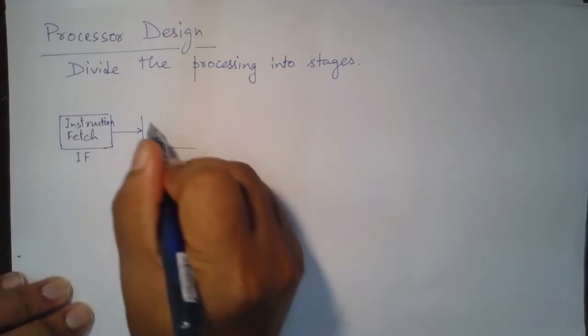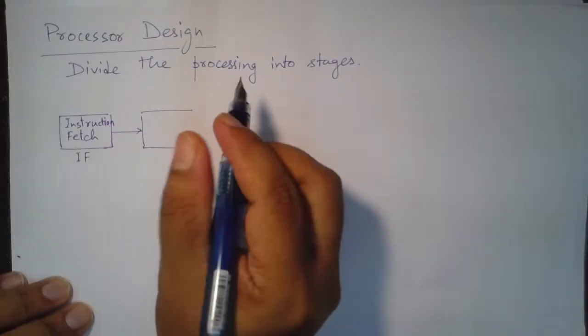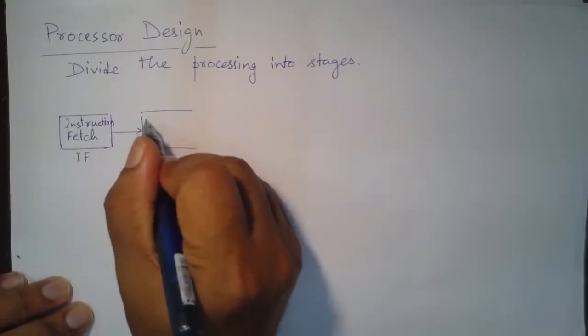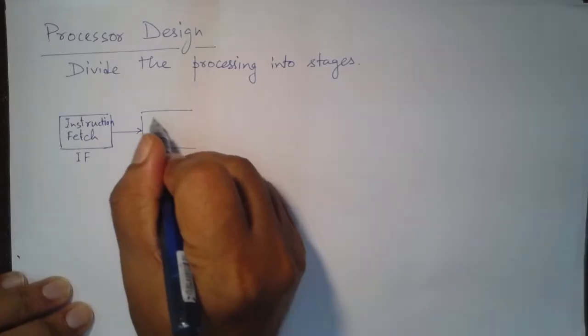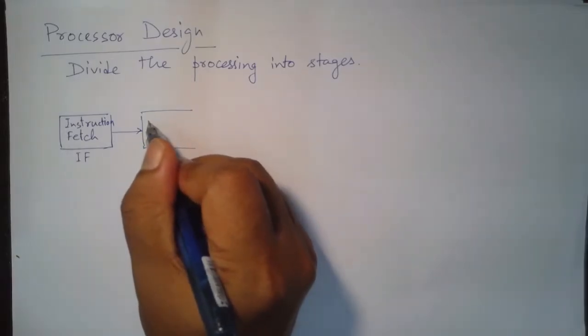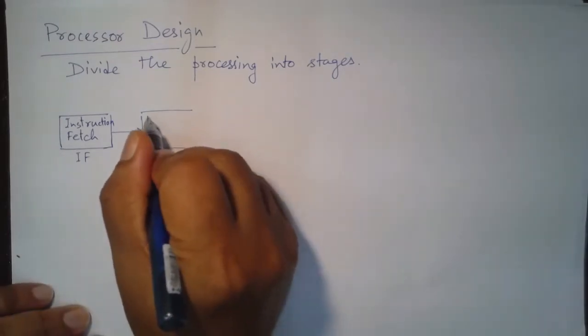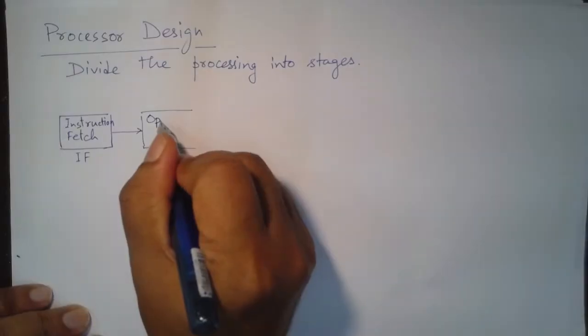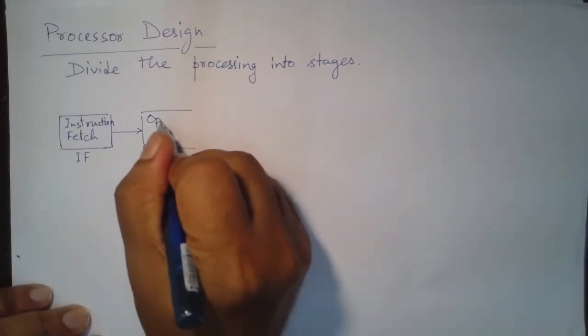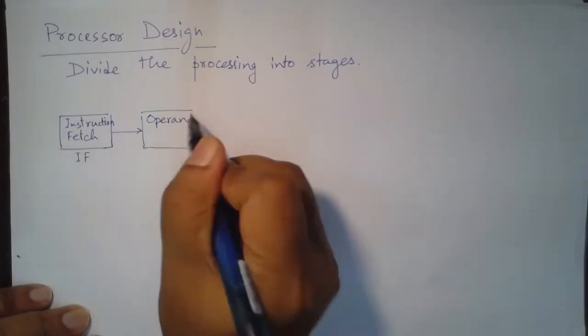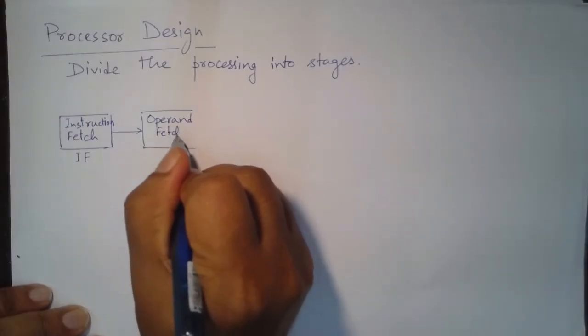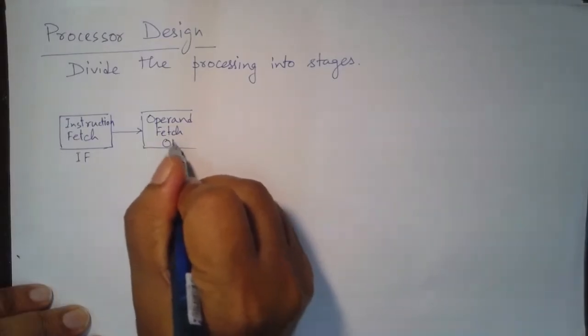We can call it operand fetch. Sometimes it is also named the decode stage. You understand what this instruction is supposed to do, and accordingly you look at where the operands are and you fetch them. For simplicity we will call it operand fetch, in short OF.